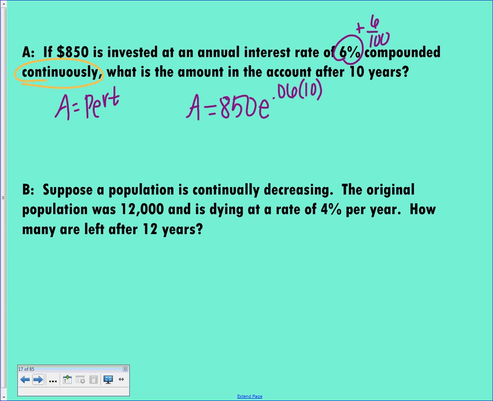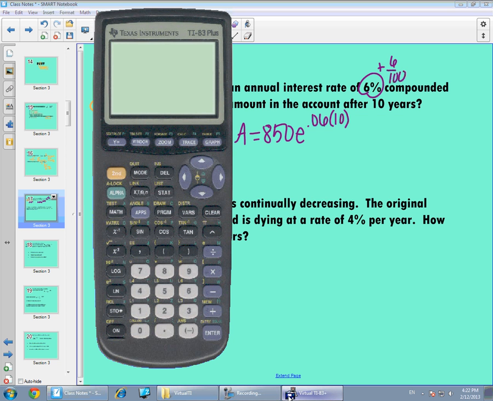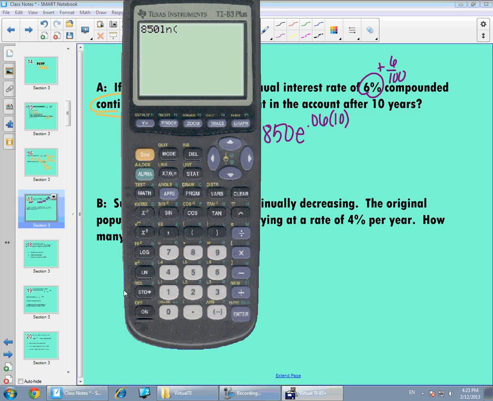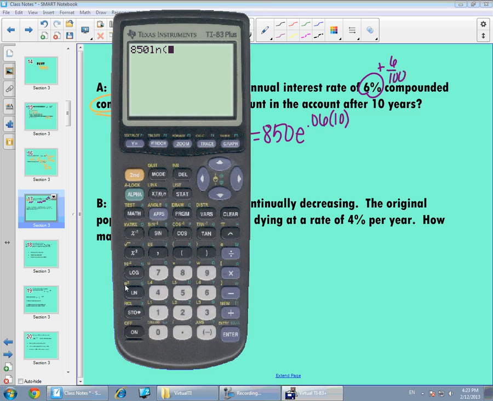The great thing about this is you don't have to worry about plugging it in right or wrong to your calculator. You're just going to plug it all in at one time. You're going to go 850, then find E, and it's a small case e. If you can see my calculator, it's right here where I'm circling. It's above the ln key, and it says e to the x.